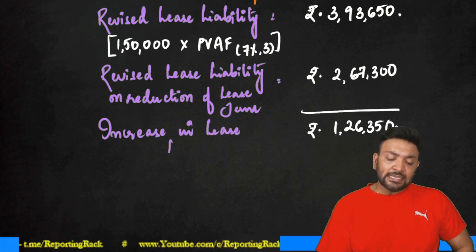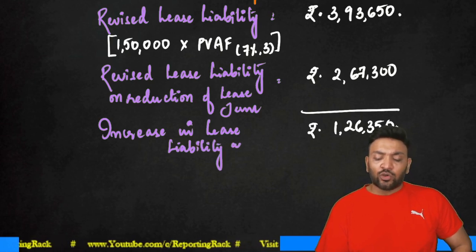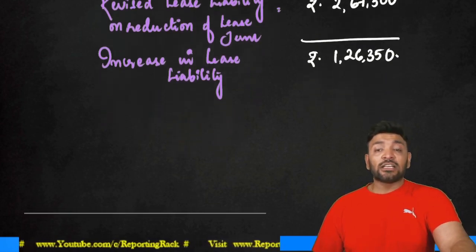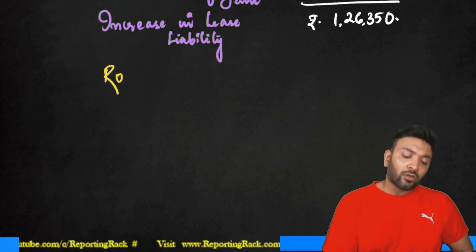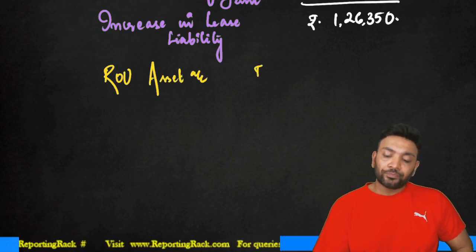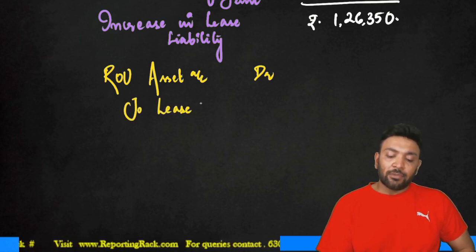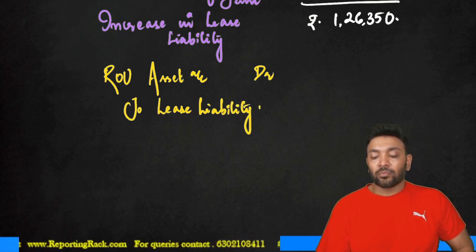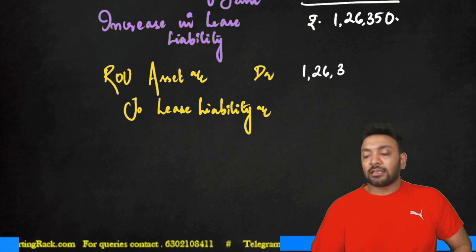Whenever there is an increase in lease liability, I will also increase the value of lease asset or ROU asset in a similar fashion. So what should be the entry that I have to record now for this 126,350? I'll record the entry as ROU asset account debit to lease liability 1,26,350.